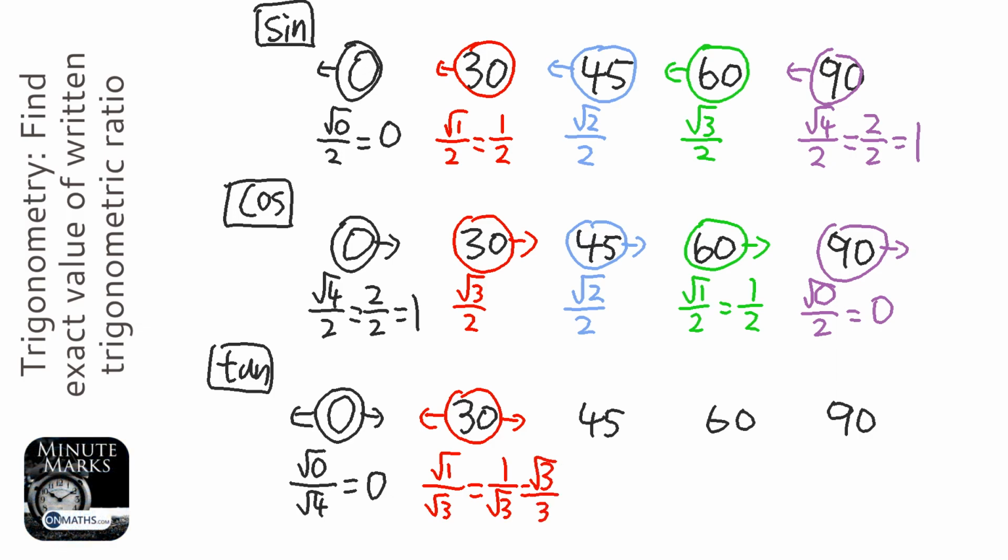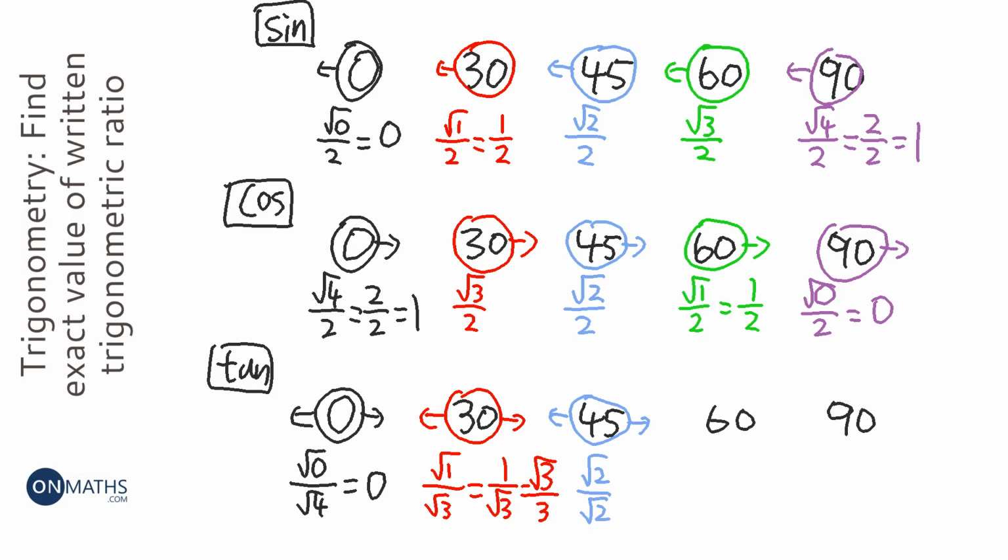All they've done there is rationalise the denominator. They've just multiplied top and bottom by root 3. It is the same number. Okay, let's move on. Next, tan 45. There are 2 numbers on the left, so root 2, and 2 numbers on the right, so root 2. Anything divided by itself is just 1, so that's a nice easy one.